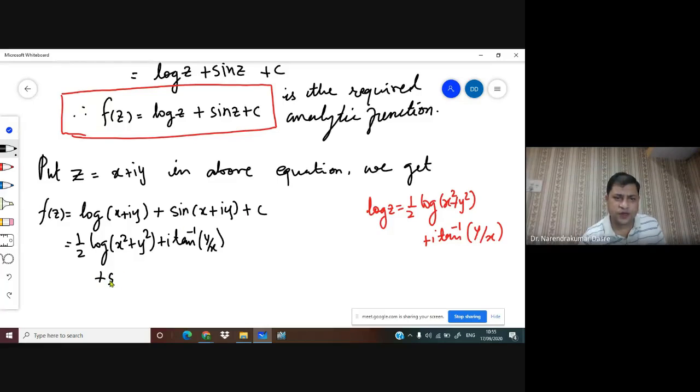So we'll be having plus sin x cos of iy plus cos x sin of iy plus c.